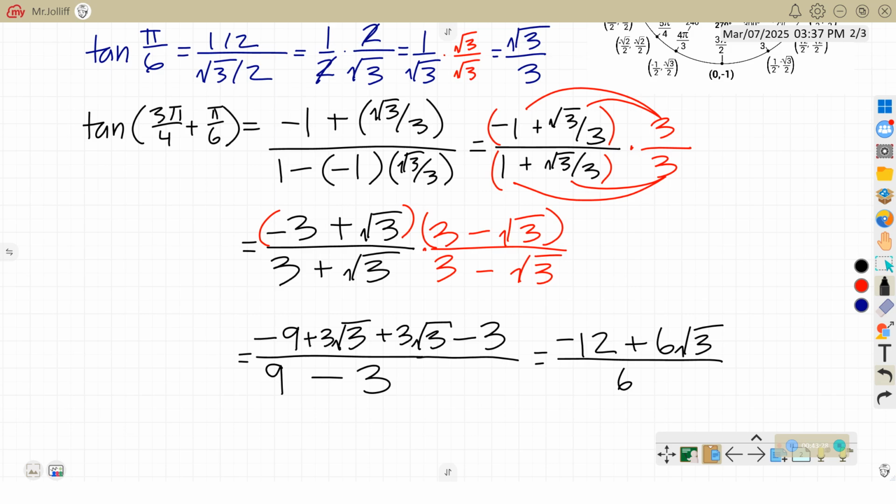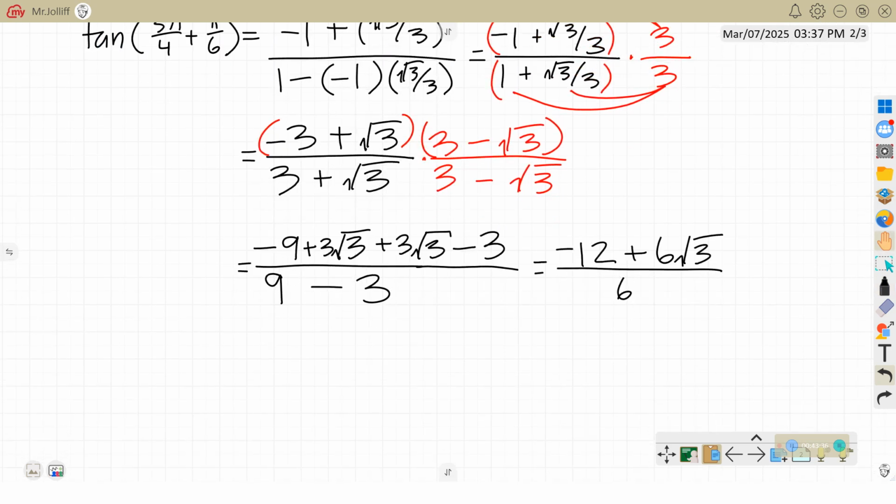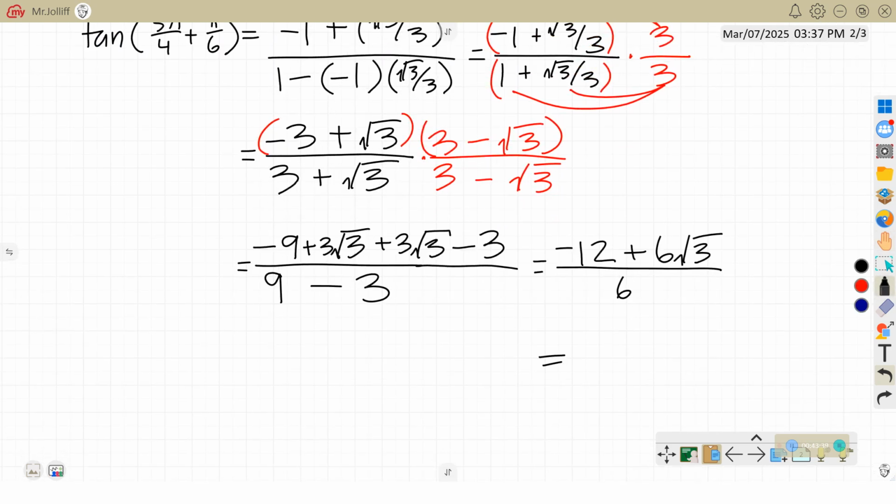And if I look at that fraction, the two whole numbers in the numerator are both divisible by 6. So let's carry out that division. Negative 12 divided by 6 is negative 2. 6 root 3 divided by 6 is root 3.